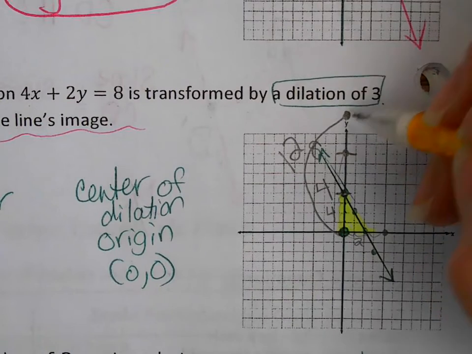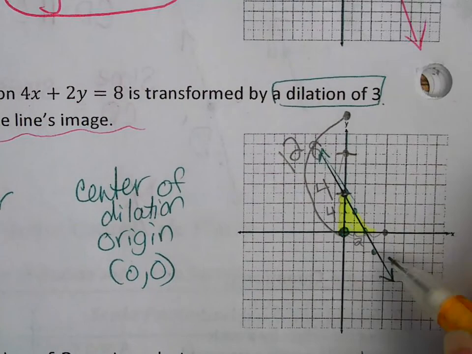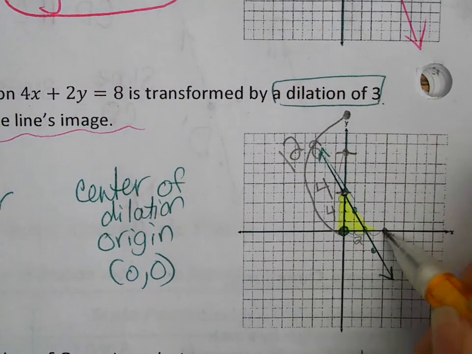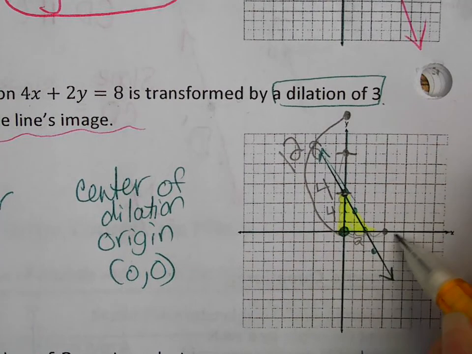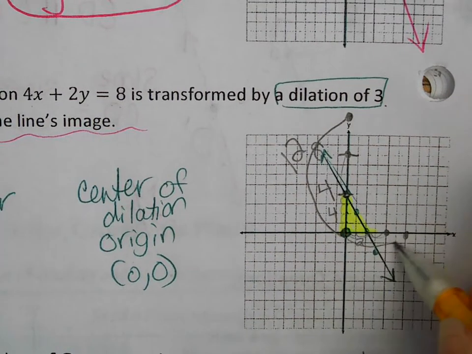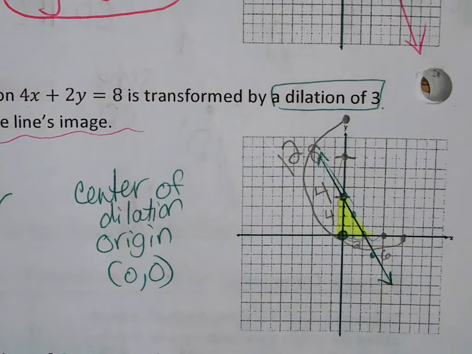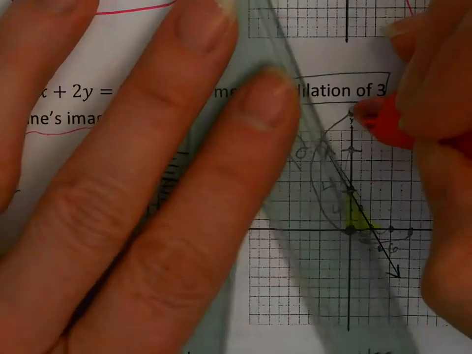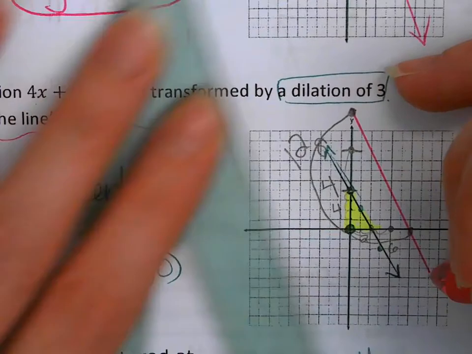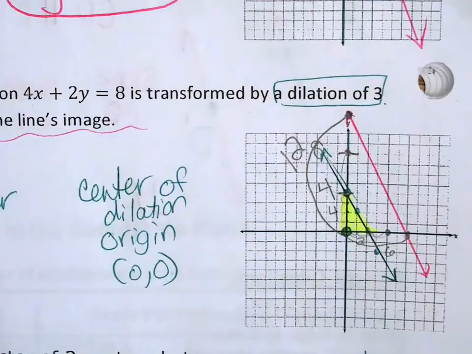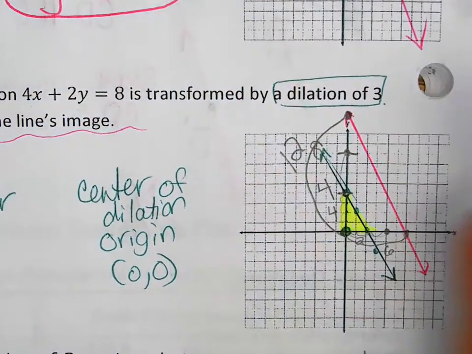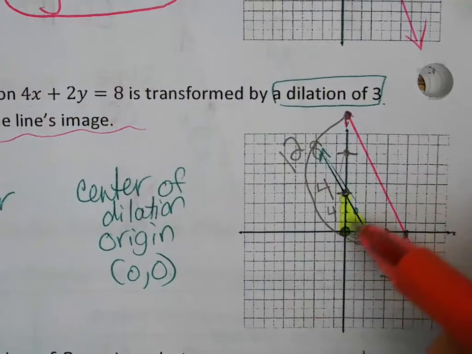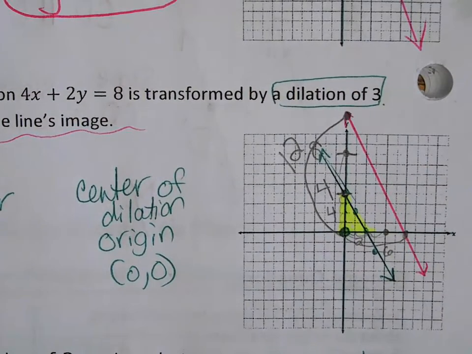That y-intercept is now going to be 12. And the x-intercept, we went 2, 3 boxes over, is 6. So if I sketch the new line, up 12 and over to here, this pink line is now 3 times farther from that origin.